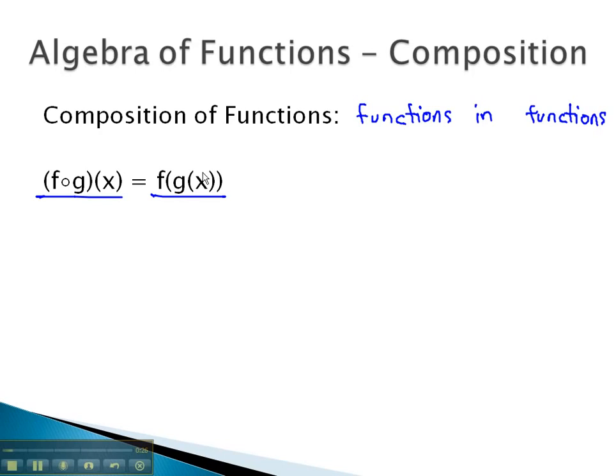What this means is we plug x into the g function, and then we plug the result into the f function. In the other notation, x into the g function, and the result into the f function. Let's take a look at some examples where we do just this.